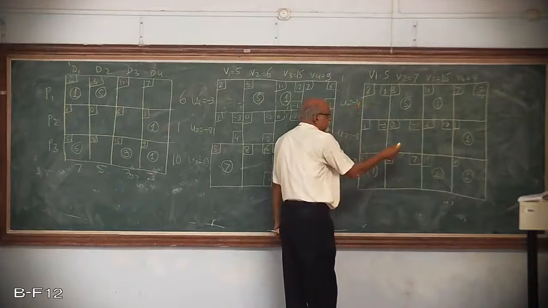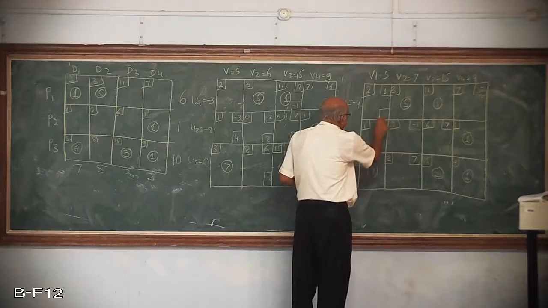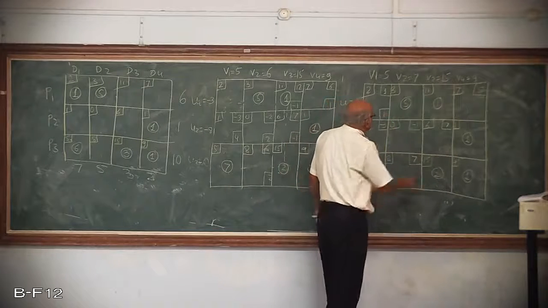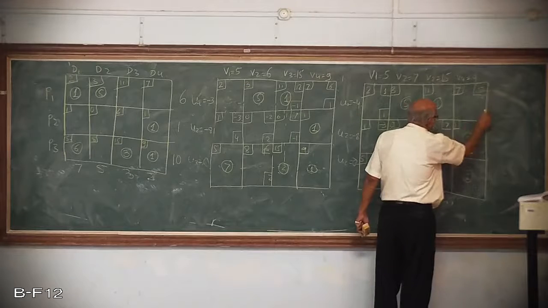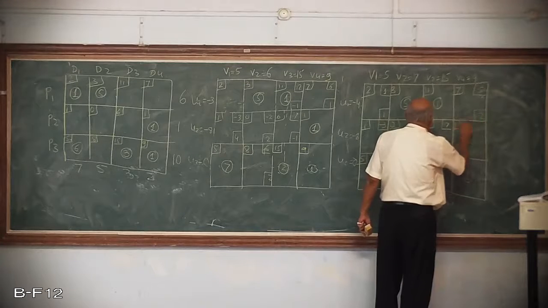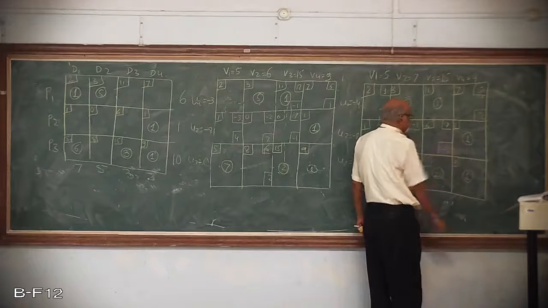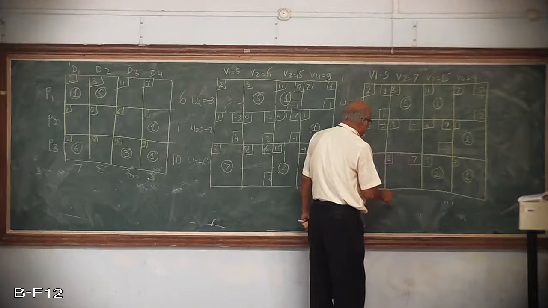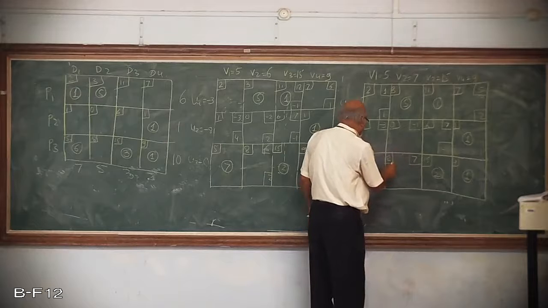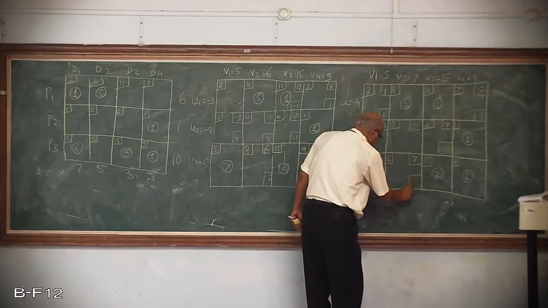Okay, other things I need not find out. So now 2 minus 1, this is plus 1. This of course will become 0, there is no point. 7 minus 5, this will become 2. 6 minus 7, it will become minus 1. 8 minus 7, this will become 1.